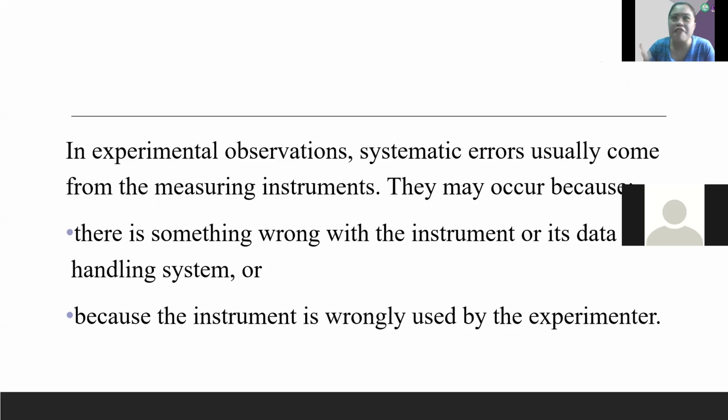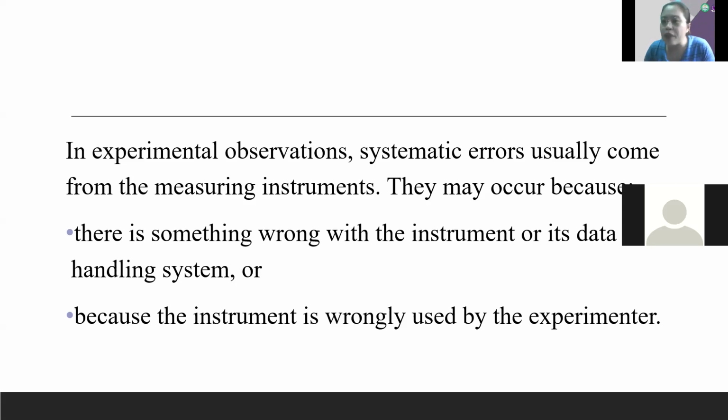So hindi siya nagfa-function ng talagang well. Now, ang mangyayari dyan, because of the problem in the instrument, we will not get the correct weight of the objects. And so if we get the mean of all the objects or the average, hindi yun siya talaga ang totoong mean. Kasi nga may problem tayo with our instrument. So that is an example of a systematic error or a bias error.